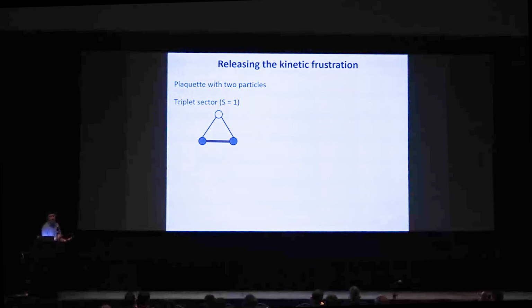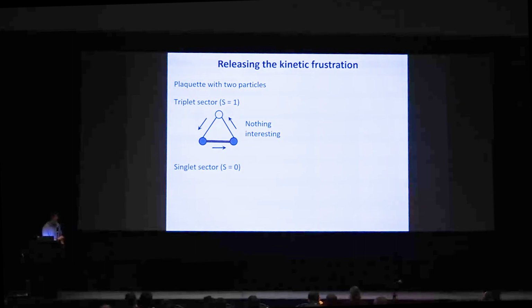And we're going to try to write an effective single particle Hamiltonian for the hole, where the hole can now tunnel around this plaquette. And at the end of this process, the two spins here have exchanged, but they're in triplets, so nothing interesting happens. However, if we do this in the singlet sector, there when the hole moves around, we exchange the two spins, which are up, down, minus, down, up, and we get a minus sign.